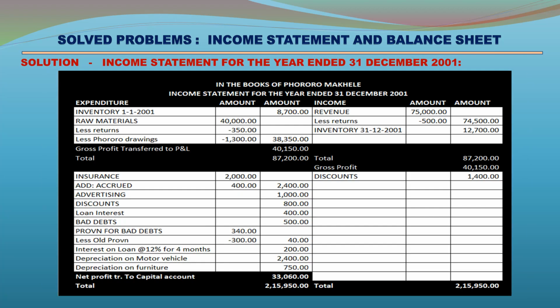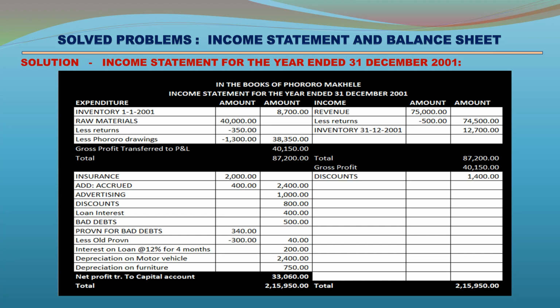Solution. In the books of Fororo Makhili, income statement for the year ended 31st December 2001. On the debit side, inventory 1/1/2001, 8,700, raw materials 40,000, less returns 350, less Fororo drawings 1,300, net raw materials 38,350.